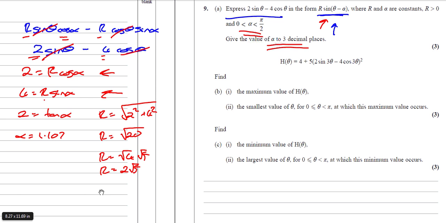We can finally say that 2 sine theta minus 4 cos theta equals 2 root 5 sine of theta minus 1.107. And that's part A done.